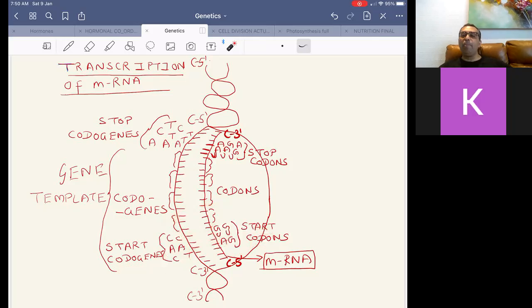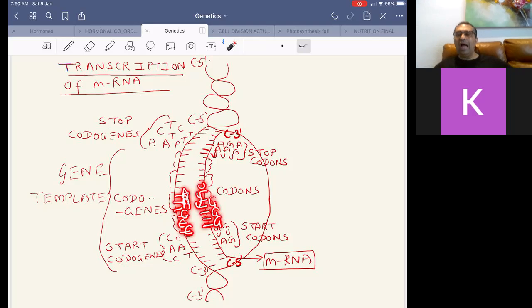So this became a triplet. Next sequence on the DNA, say you again have CCC. Then on mRNA you will have GGG, and on DNA you have AAA, then on mRNA you will have UUU. And like this, triplet, triplet, triplet. So what is this triplet called? Codogene.